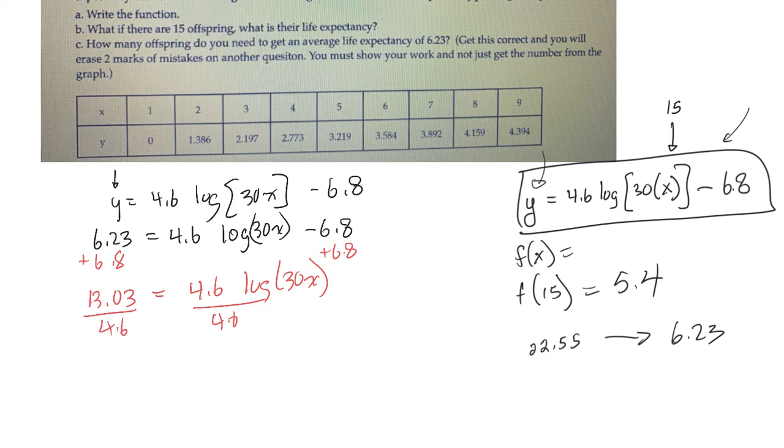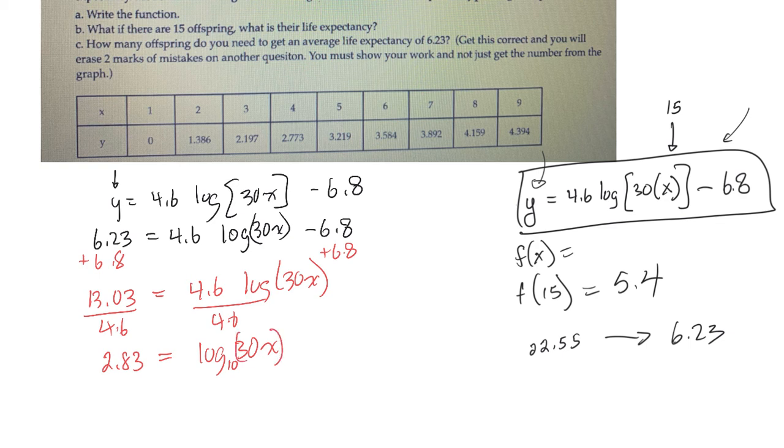So 13.03 divided by 4.6, I come up with 2.83, call it. 2.83 equals log of 30x.